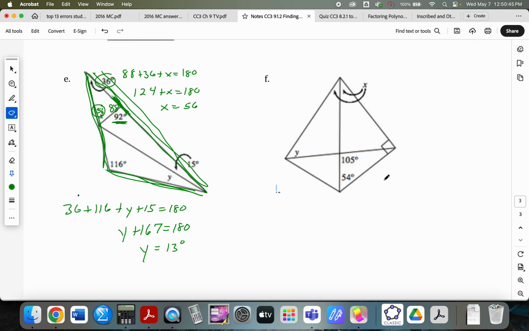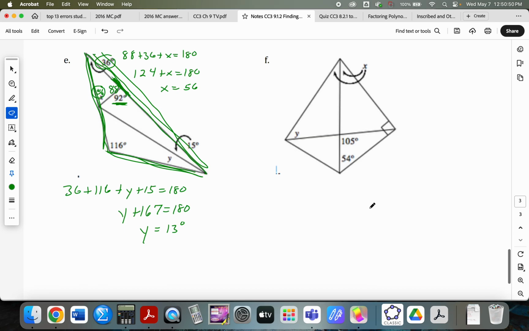All right. Let's take a look at this one. Again, the fastest way to do this is not to do nothing but the little triangles. The fastest way is to look at bigger triangles, like, for example, this triangle. Because we know, what does that little box stand for? Right angle. It's 90 degrees. So in this triangle, we can go, okay, 54 plus 90 plus x is 180.